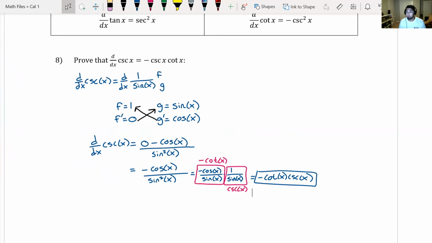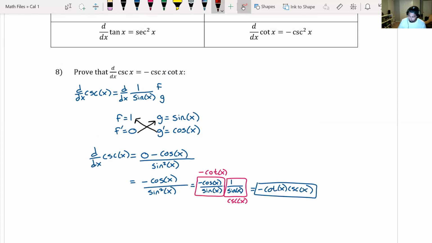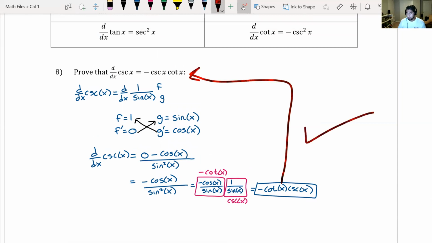And therefore, proven. And it doesn't matter how I write it. Negative cotangent cosecant x is exactly the same as negative cosecant cotangent x. Proven.